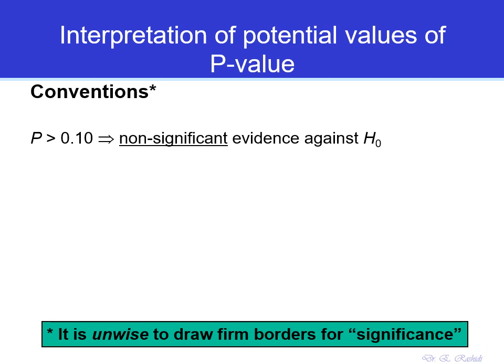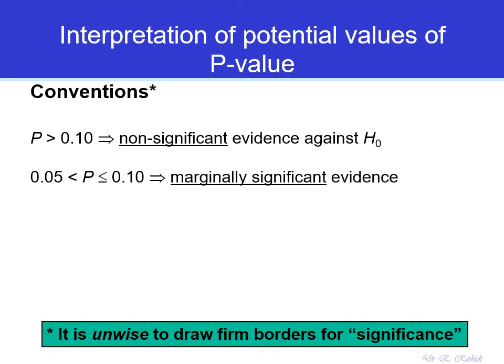A p-value greater than 10% is generally non-significant evidence against H0. So any value greater than 10% is not significant evidence against H0. For a p-value between 5% and 10%, it's marginally significant evidence. Again, it depends on the significance level of your experiment.